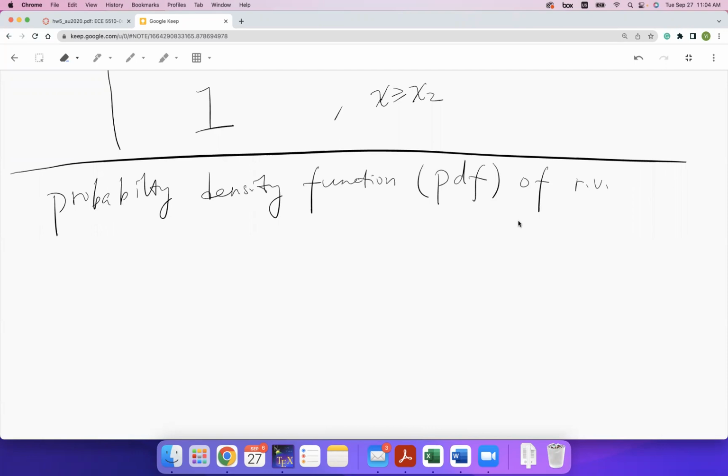In fact, the PDF is defined based on the CDF. So really the most important function for a random variable is the cumulative distribution function. Okay. So the CDF is the most fundamental one.